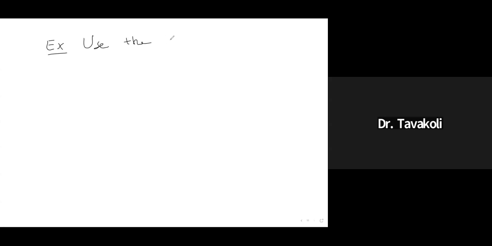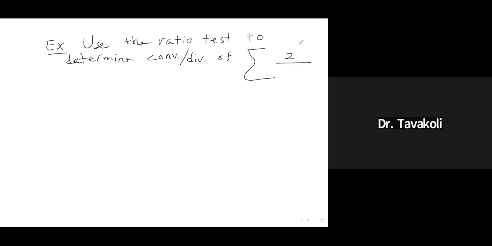Use the ratio test to determine convergence or divergence of the sum of 2 to the power of k over k to the power of 5, as k runs from 1 to infinity.